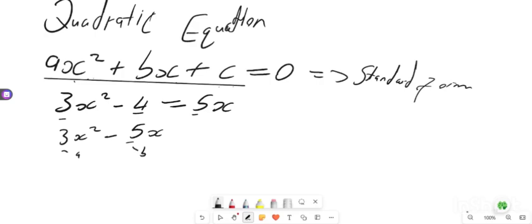This is a, this is b. Then your c is minus 4, a constant with no variable x, equals 0. So that is the standard form.